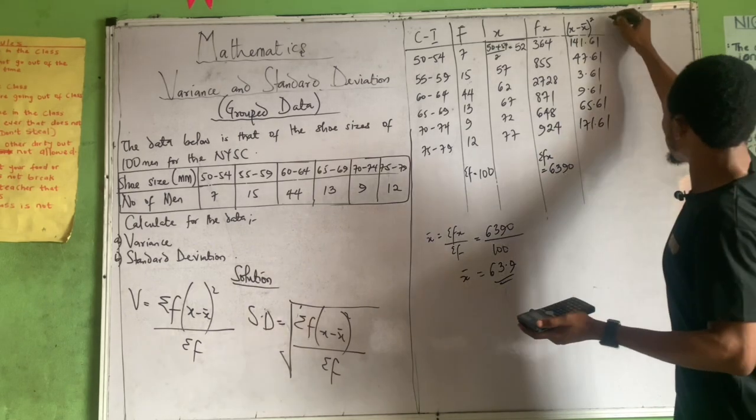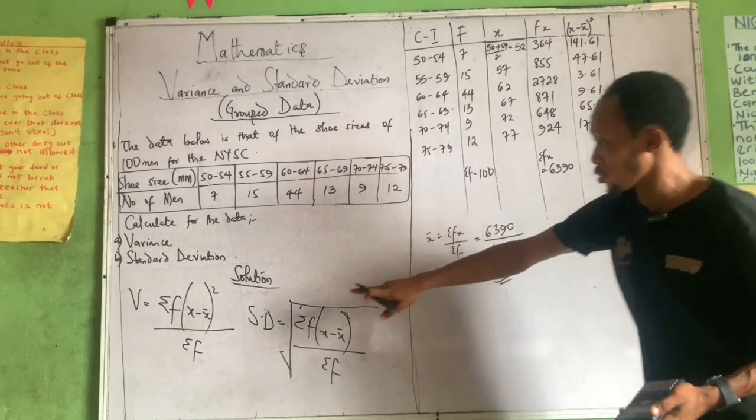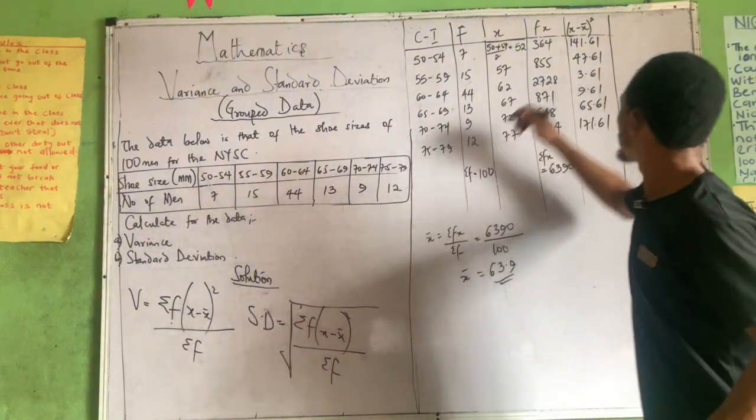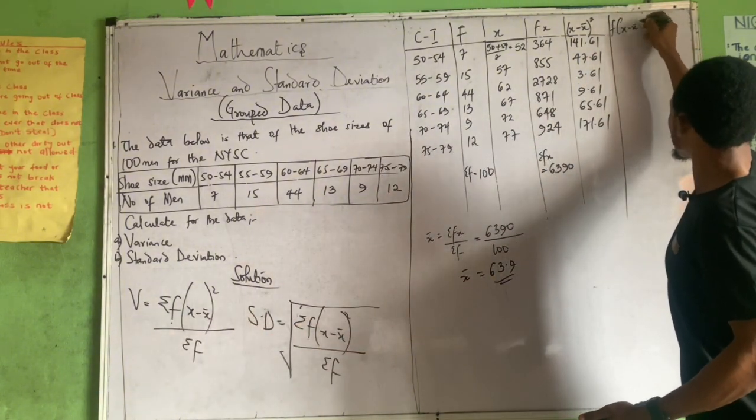The next thing to do is f times everything. So f times x minus x bar squared.